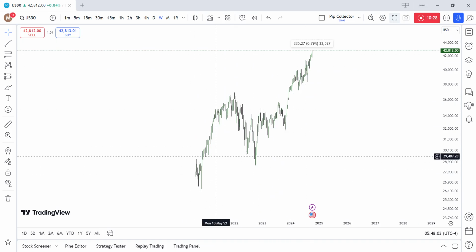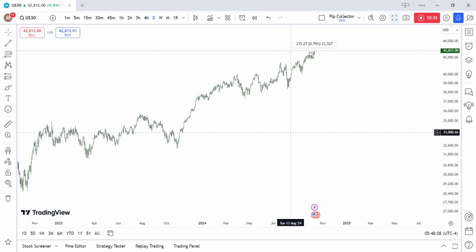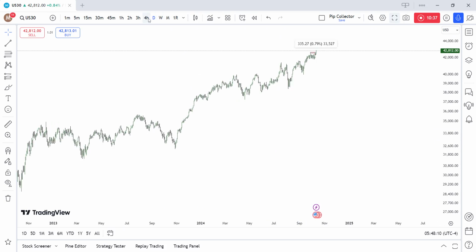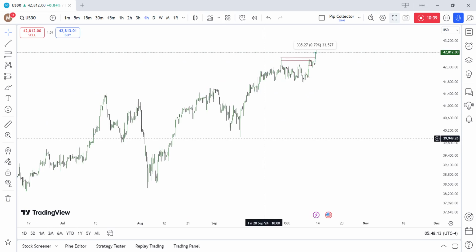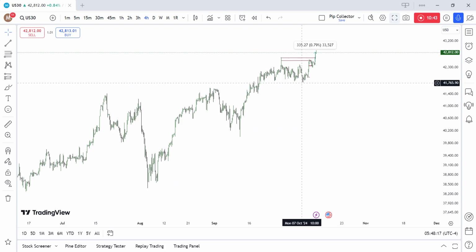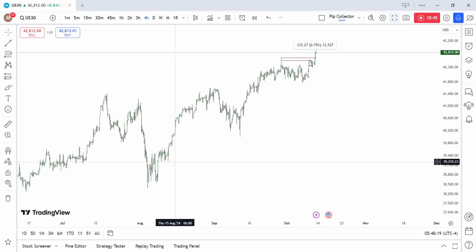And this one is a buy market as well. You can realize on the daily time frame as well, we also have a bullish market. As I said, being bullish doesn't mean that the market is not going to retrace. Remember, as I said for the Nasdaq as well, we have a buy market, and then the market comes back to a demand.